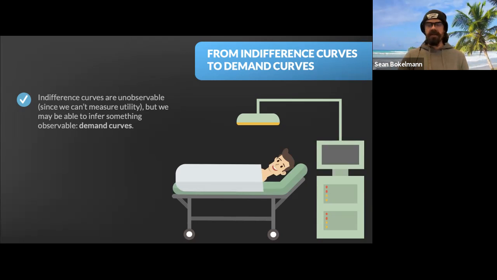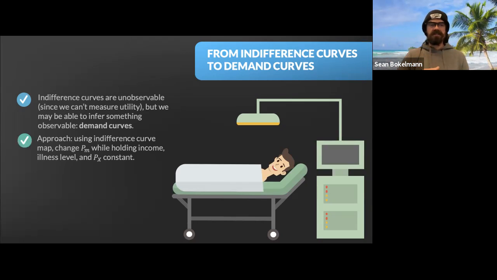So the approach we're going to use is, using our indifference curve map, change price. We're going to change the price of medical care, and that will effectively change the budget constraint by rotating it. Once we change the price, we can look at how the rotation of the budget constraint changes the consumption of medical care.